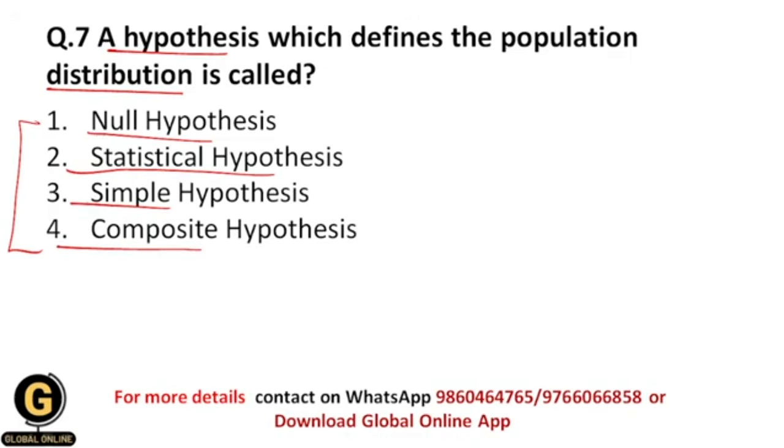So obviously it is called the simple hypothesis. A simple hypothesis only defines the population distribution. For example, if there is an existing relationship between the variables, then a simple hypothesis only defines the relationship between the variables. That's it, and that's why it is called the simple hypothesis, because it's very simple.